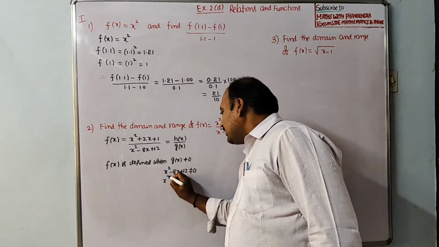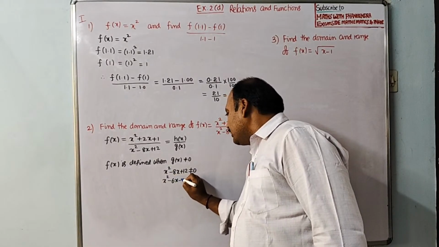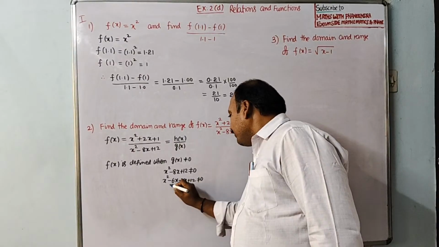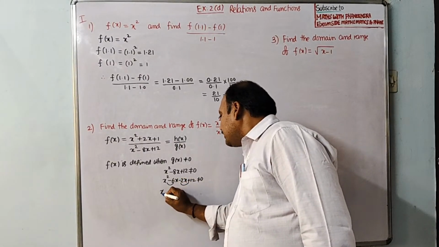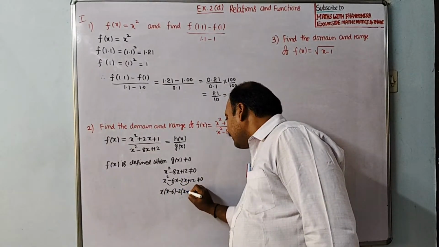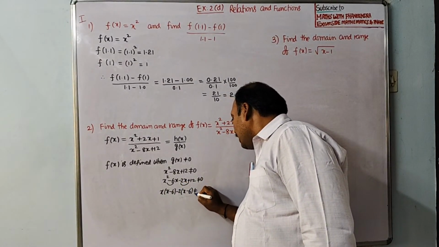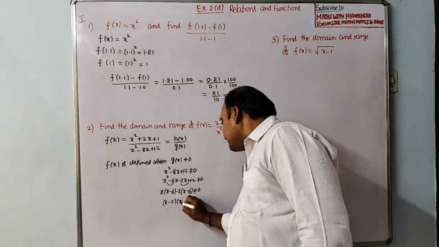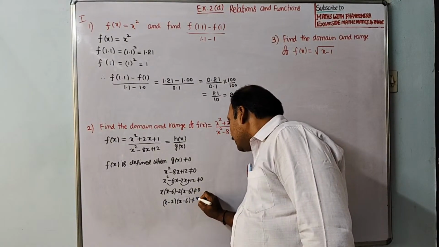Factorizing, x square minus 6x minus 2x plus 12 is not equal to 0. x into x minus 6 minus 2 into x minus 6 is not equal to 0. So x minus 2 into x minus 6 is not equal to 0.